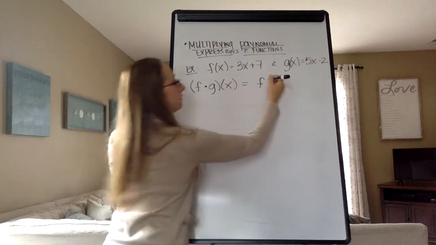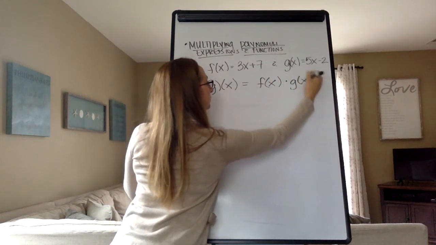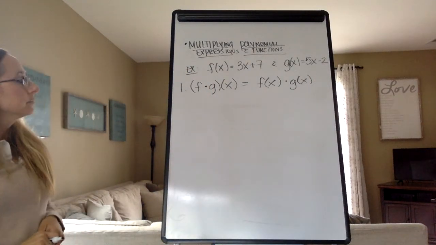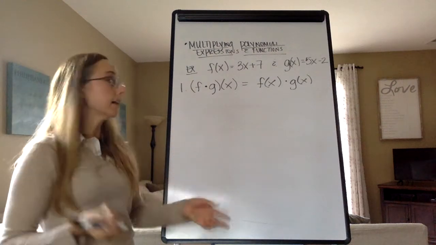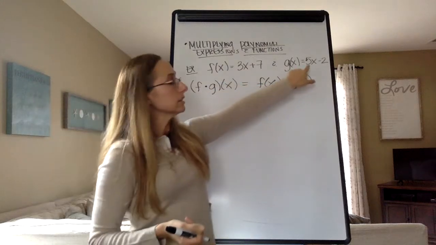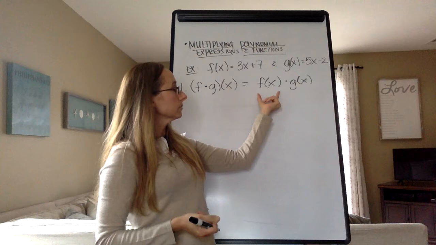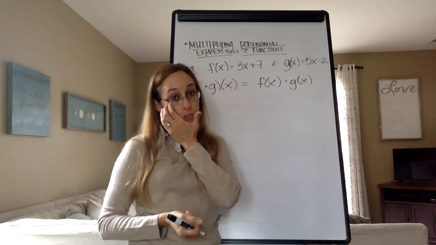So let's take our two functions. F of x is equal to 3x plus 7, and g of x is equal to 5x minus 2. So it's saying take your f function, put it here, take the g function, put it here, and multiply the two quantities together.